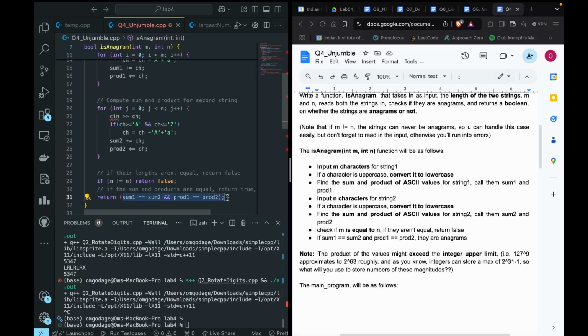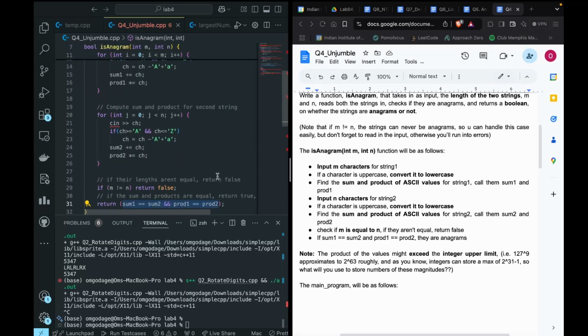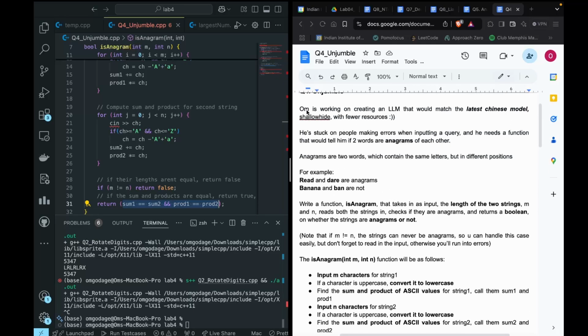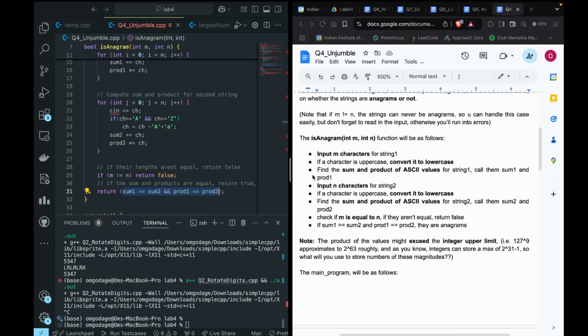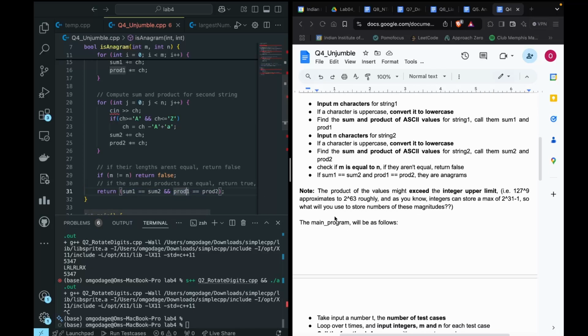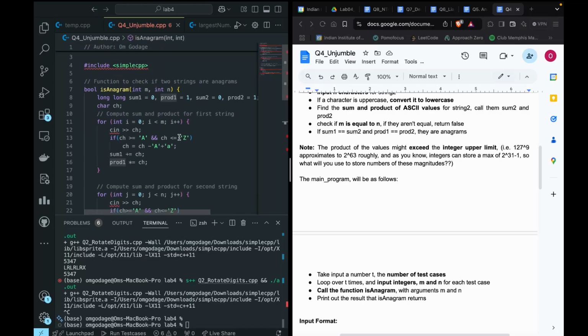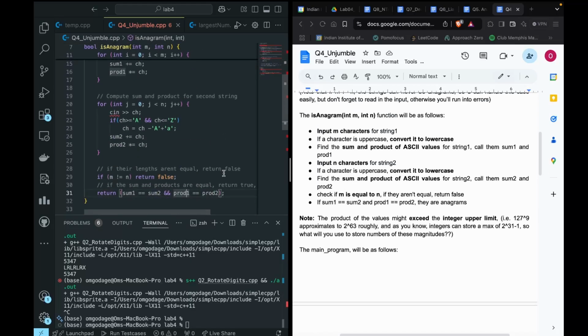Why this condition works and why it gives you anagrams might be out of the scope of this course for now. So just assume that whatever Mr. Om has written is right, and just follow through the algorithm given to get the answer. Okay, so this is your isAnagram procedure as was explained over here.